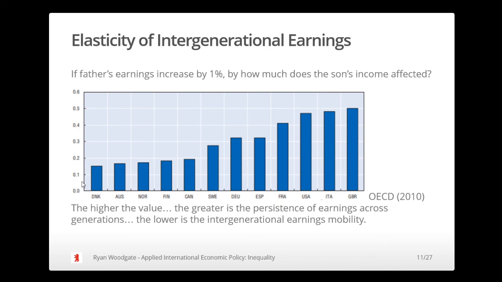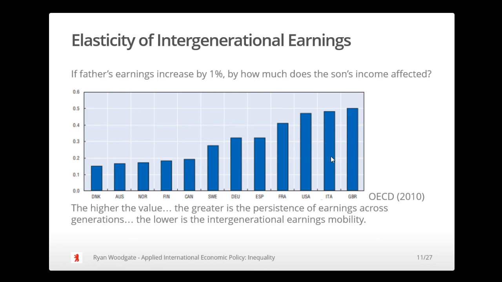Generally, what we find is that typically Scandinavian economies have a lower intergenerational earnings elasticity because there's large state expenditure on education. So that's why we see Denmark, Norway, Finland, and also Austria is quite equal in this sense. On the other hand, we have Britain, the US, Italy.